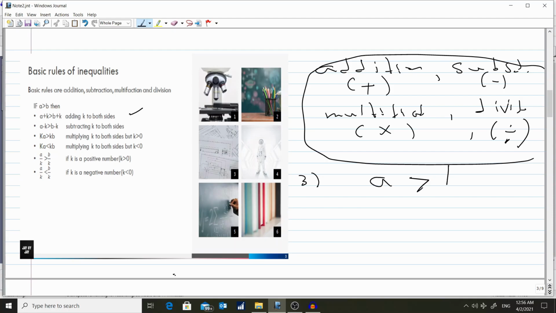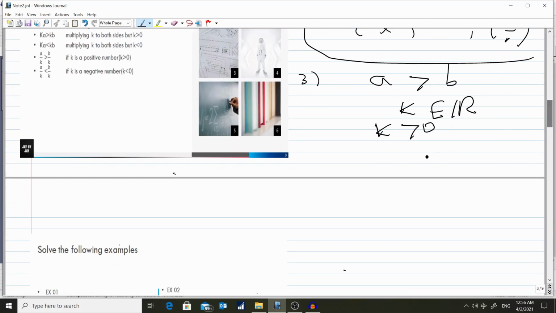The third concept, we have an expression like this again. In this case k is also a real number, but k is greater than 0. That means k takes positive values, just like 1, 2, 3.